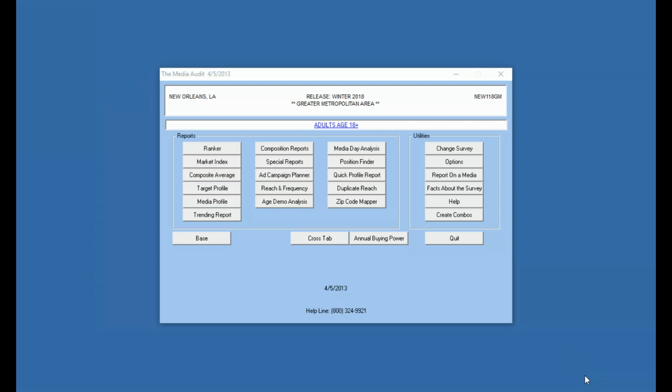Perfect. All right, so this Greater New Orleans file just came out recently. It's the winter 2018 file, and what we've done is try to make learning the media audit seamless for you, so that you can really get the best out of it quickly.